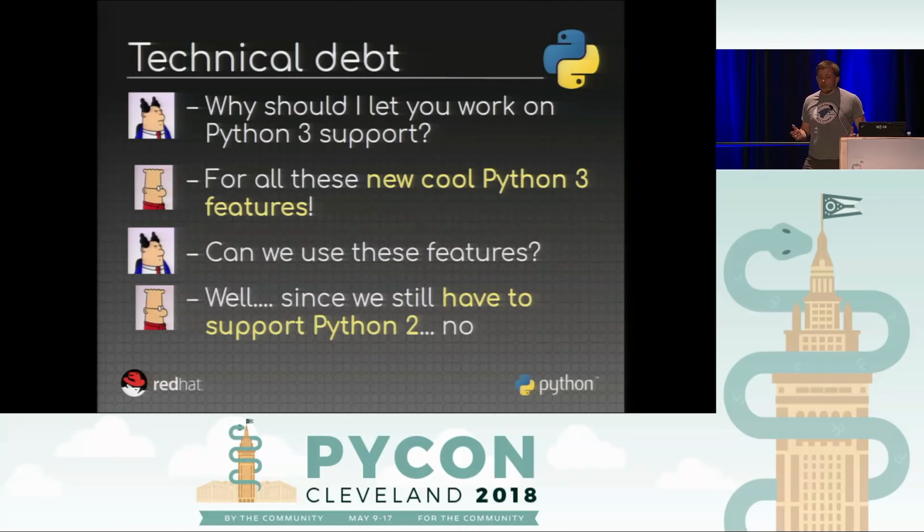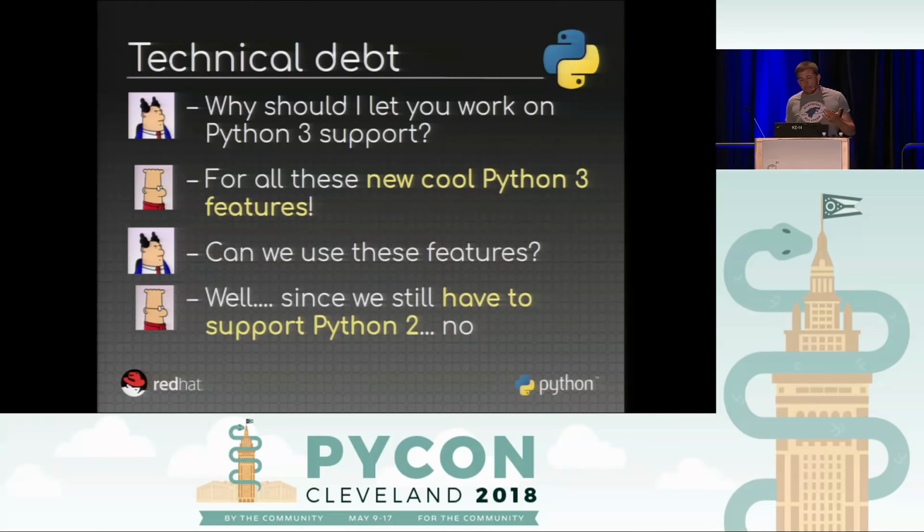And the developer says, well, since we still support Python 2, nope. It means that it's very difficult to explain to a manager what a debt is, because you don't give any value immediately. It's something that you will get later. Nobody knows when, because we are still discussing supporting Python 2.